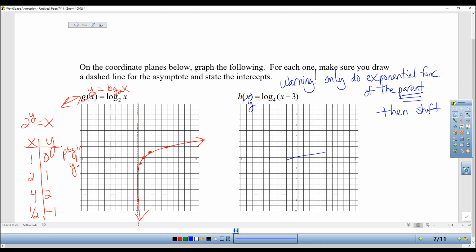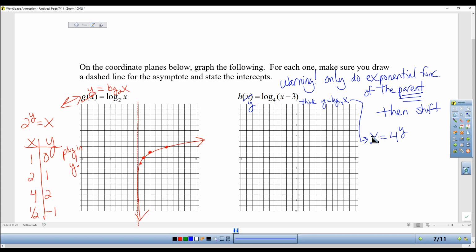I would just say, okay, it's a base 4, then I'm just going to do a base 4. x is equal to 4 to the y. So I completely ignore that -3 there. I just think about it being y is equal to log base 4 of x. Do the shifting afterwards. So I switch it to be x is equal to 4 to the y.